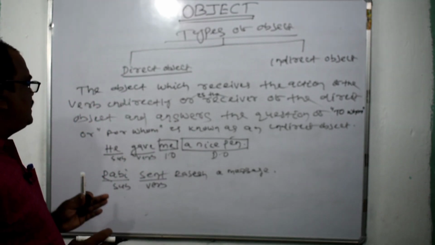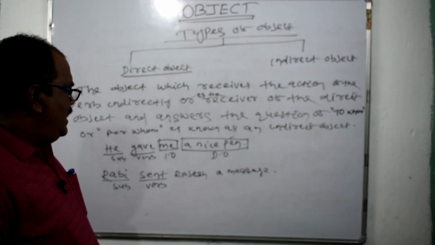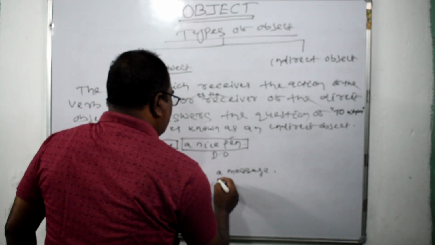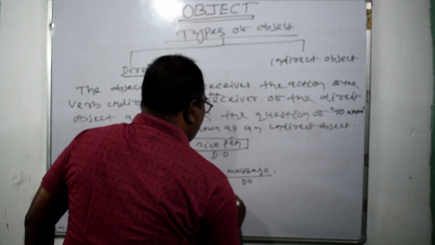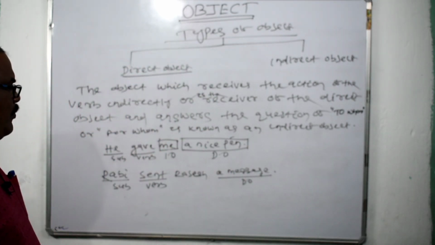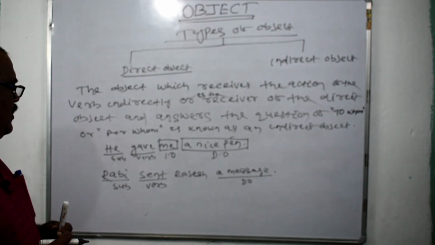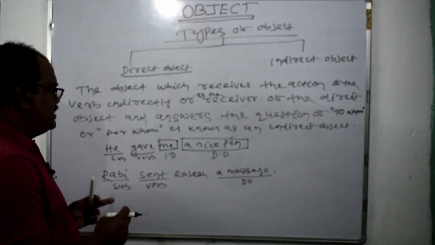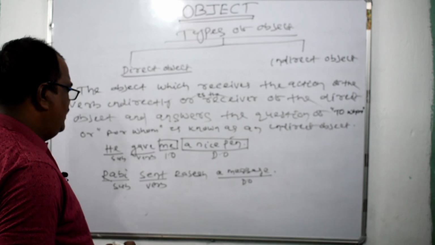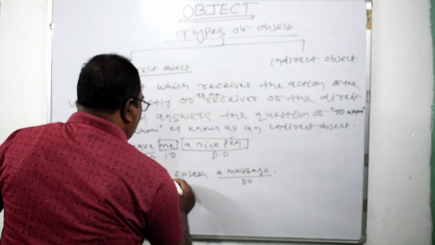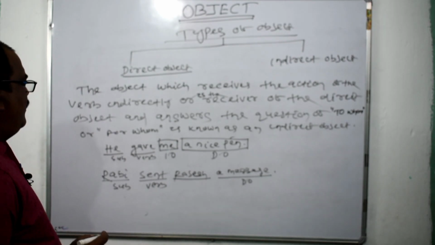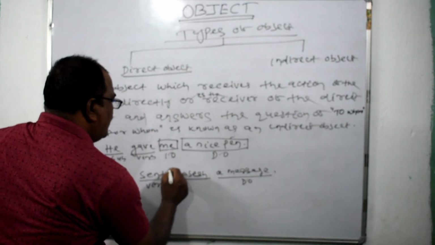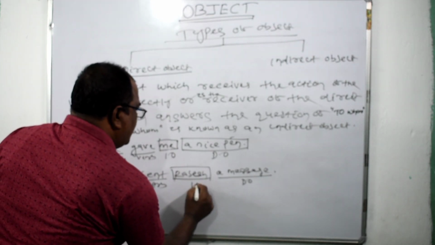What did Ravi send? Ravi sent a message. For whom did Ravi send a message? Rajesh. So this part is known as the indirect object.